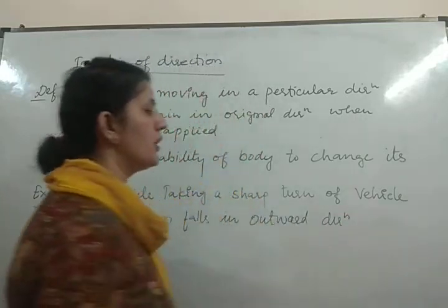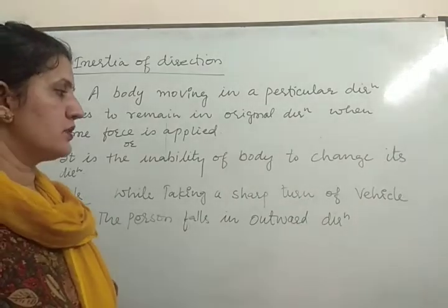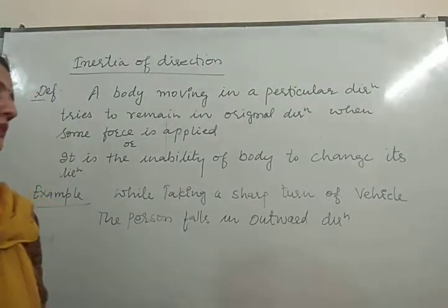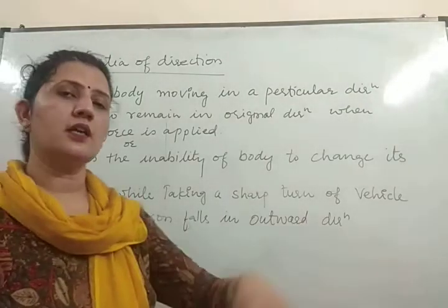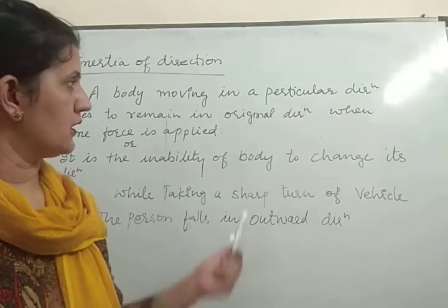It means when you are taking the left turn, you fall towards the right-hand side, and when you are taking the turn towards the right-hand side, then you fall towards the left-hand side. Note it down.